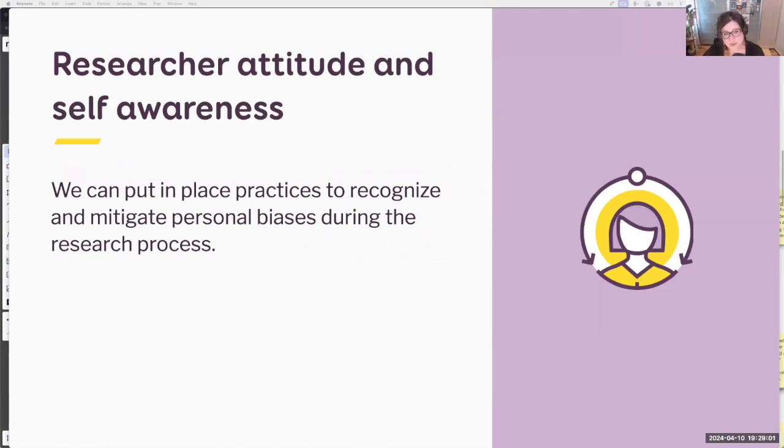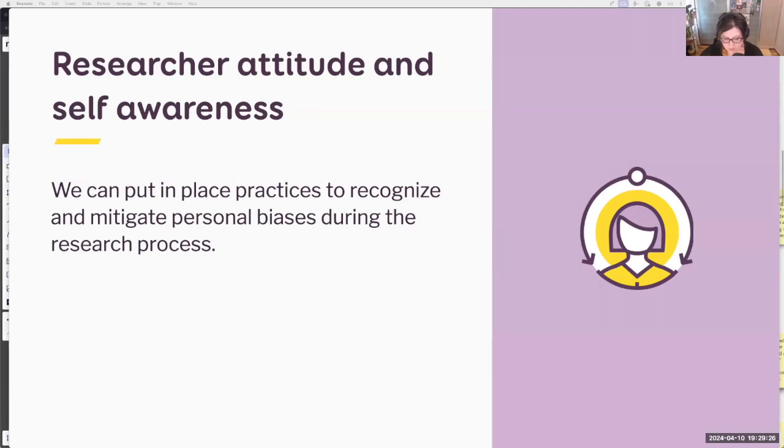But the first thing we can do when it comes to mitigation is our own attitudes as a researcher. It sounds very guru-like, but it's basically self-awareness. And this is also why it's very important for researchers to understand biases, so we can put in place practices to recognize them and spot them in our own work, but also in colleagues' work.